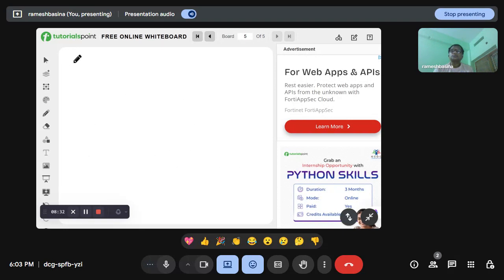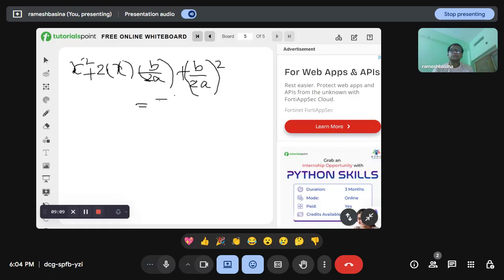Now x square plus 2 into x into b by 2a plus b by 2a whole square is equal to minus c by a plus b by 2a whole square.